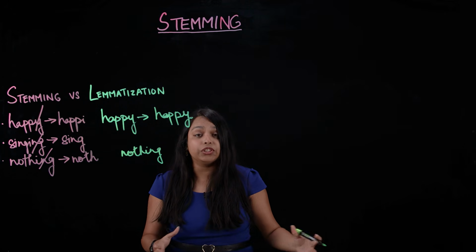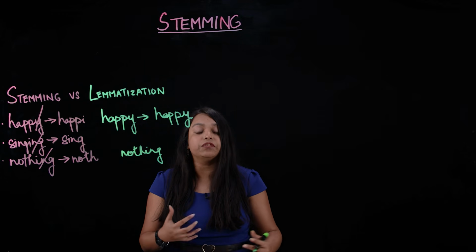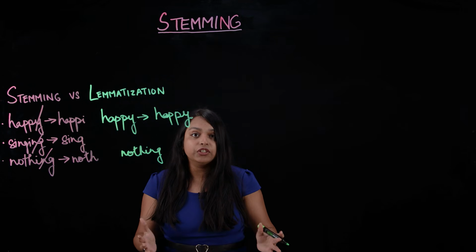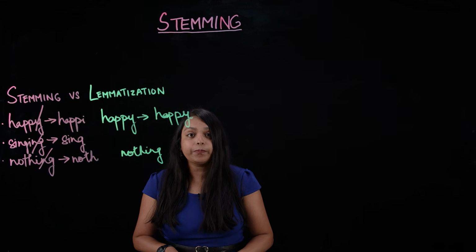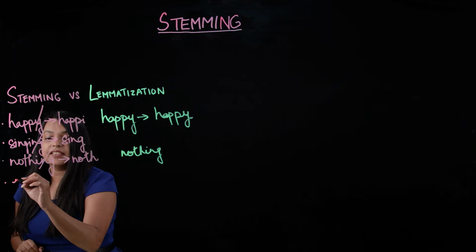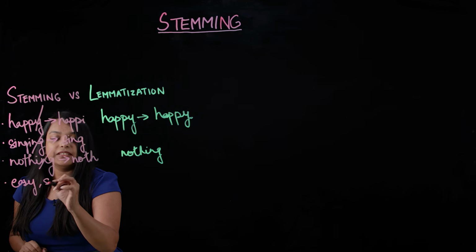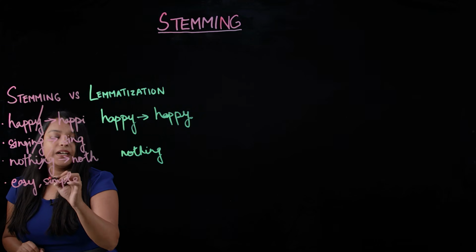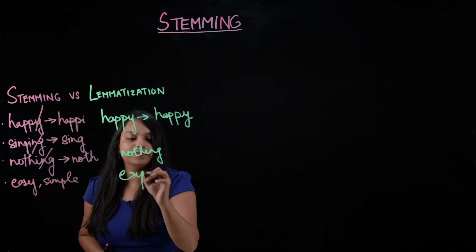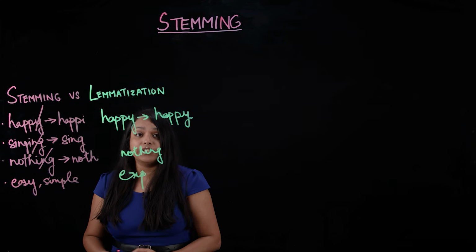WordNet is a huge graph which gives you relationships amongst different words, their synonyms, the type of definitions that they have, and so on and so forth. That goes to say that stemming is fairly easy and simple to implement, whereas lemmatization is computationally more expensive, but also more accurate.